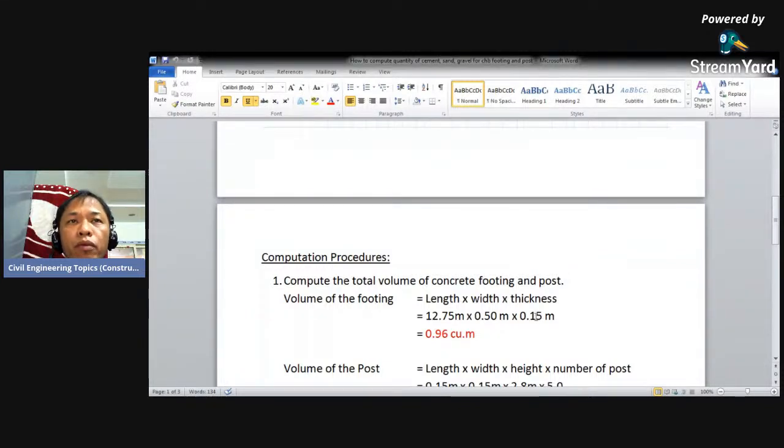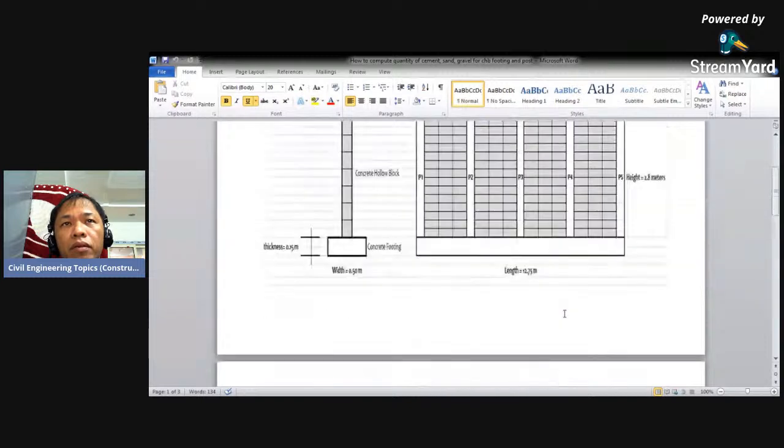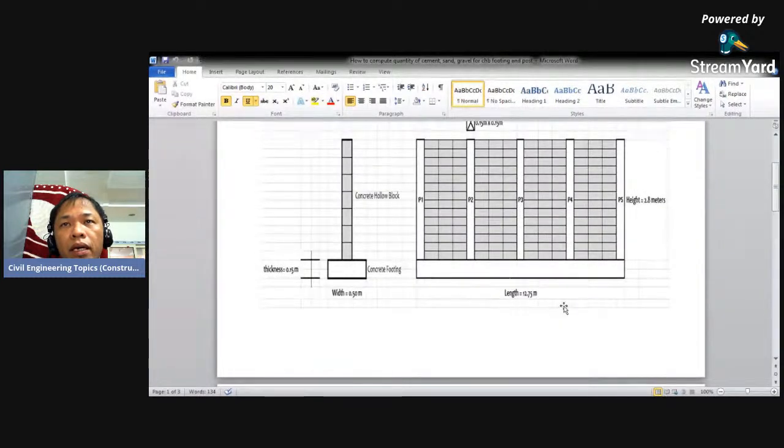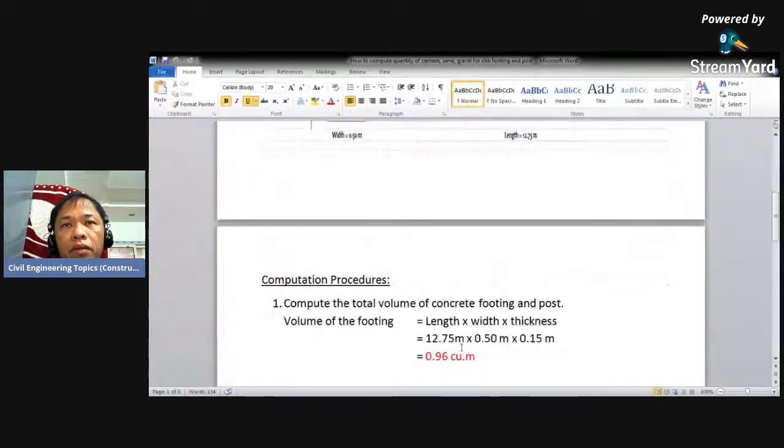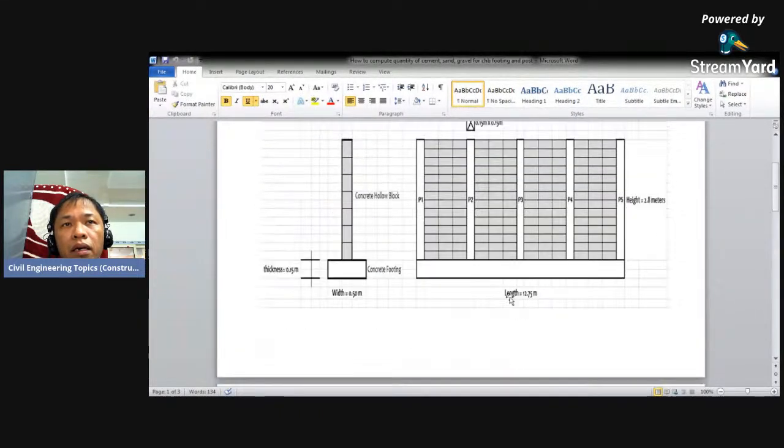So the formula of computing the volume of the coating is equal to the length times the width times the thickness. This is in meter. So balik tayo dito. Yung length natin ay 12.75. By the width is 0.5 meter.